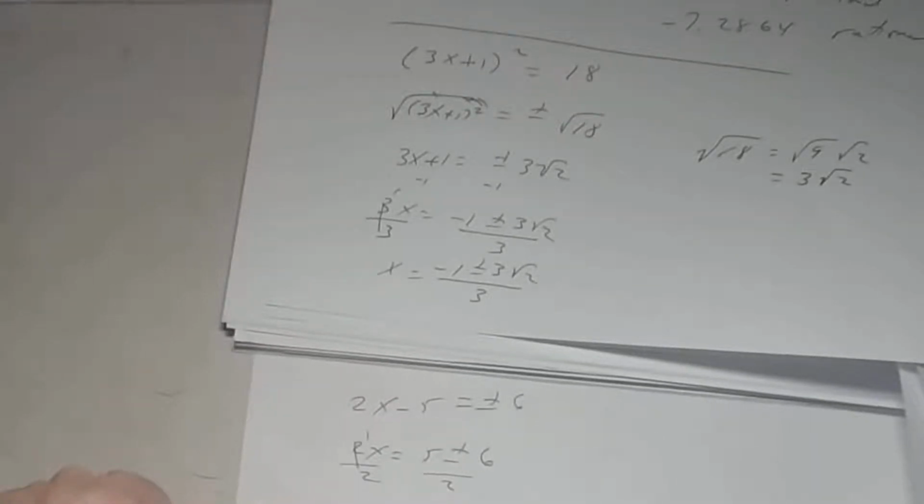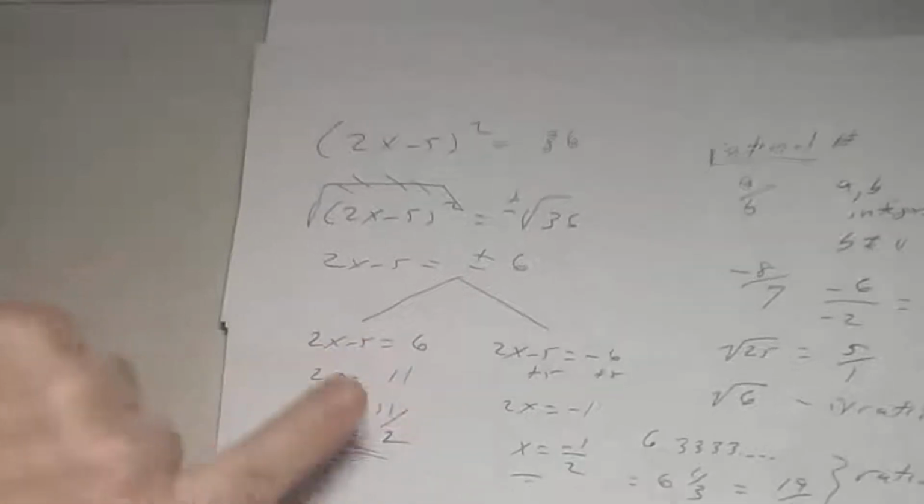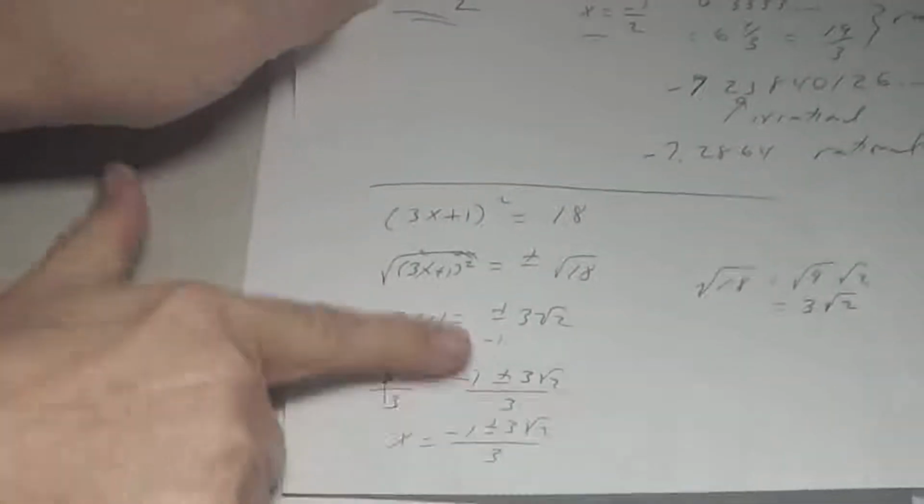What's 5 plus 6? 11, so 11 halves. And 5 minus 6 is -1, so negative 1 half. So you see, it doesn't matter what approach you take. You can split it apart right away, or you can make it look like what we did here and then split it apart.